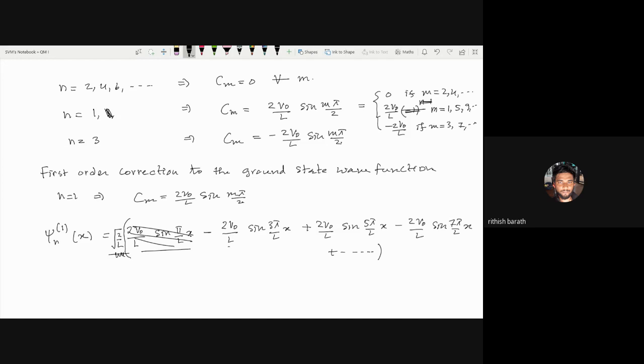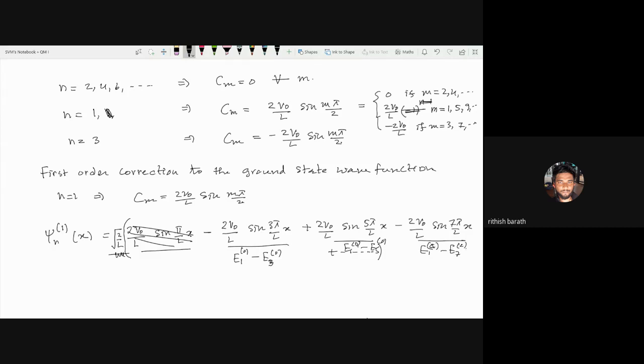So then this will have E10 minus E30, and this one will have E10 minus E50, and this will be E10 minus E70.